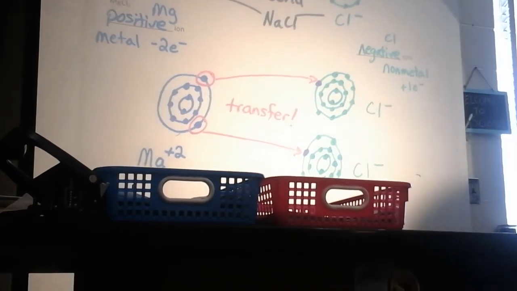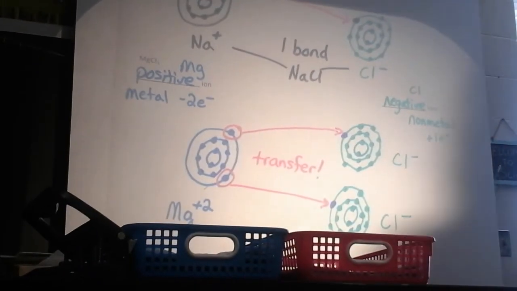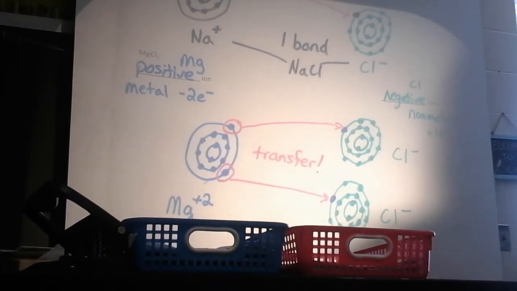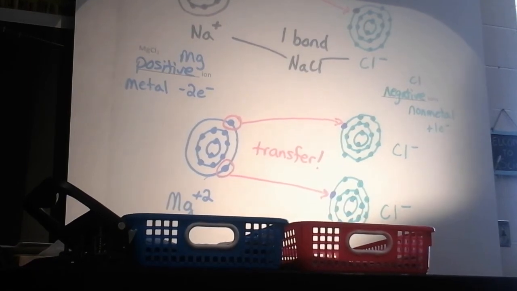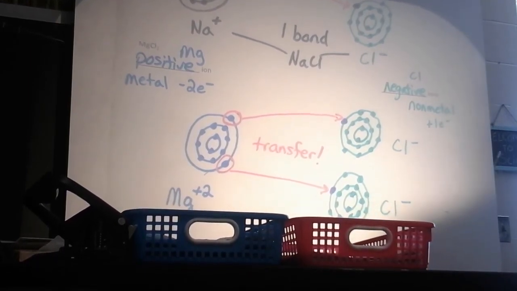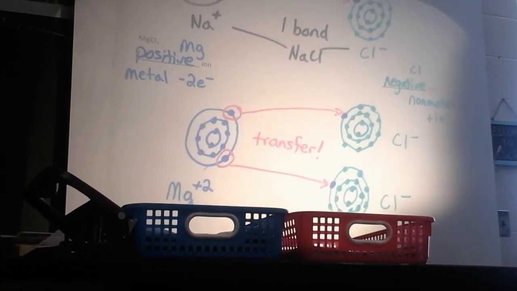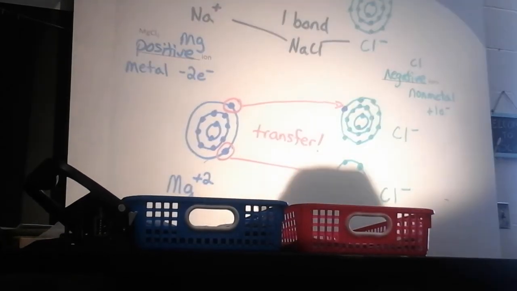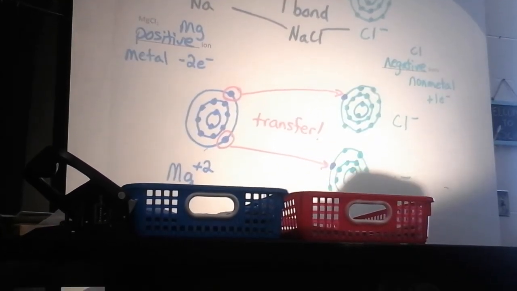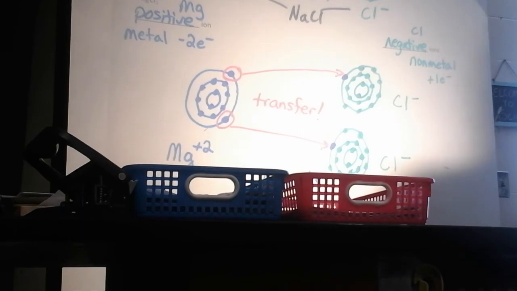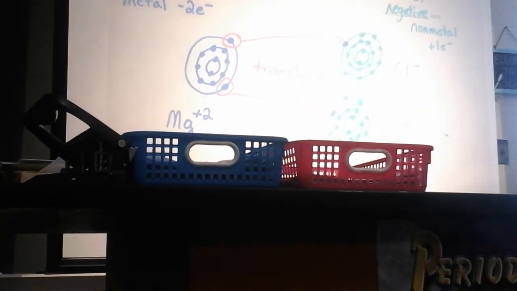Negative, negative. Now they've become ions, and voila, we end up with magnesium chloride. How many bonds do we have to make magnesium chloride, Paige? 2 bonds. Very good. And just like that, 2 ionic bonds have formed.